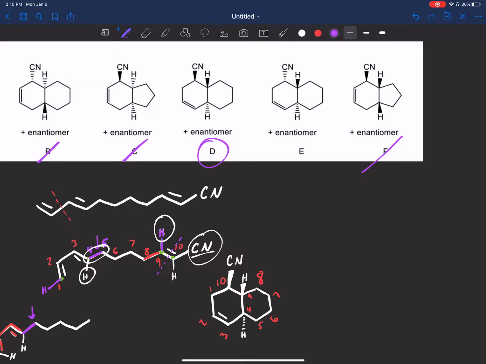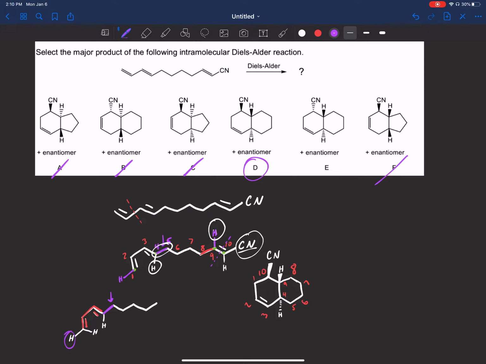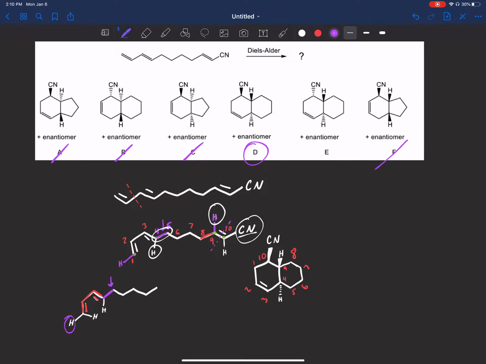I always prefer endo just because when we did the regular intermolecular Diels Alder between two compounds, endo was always the major product. So we just always kept it consistent in my mind to draw the main product for the intramolecular as endo. Okay?